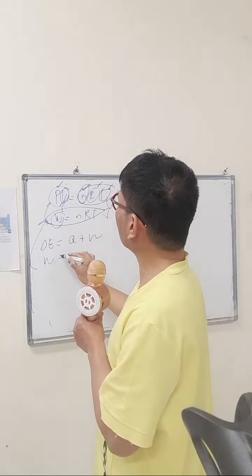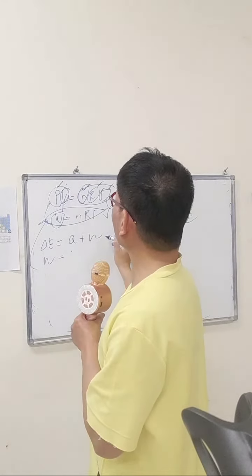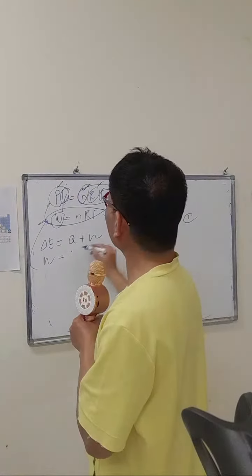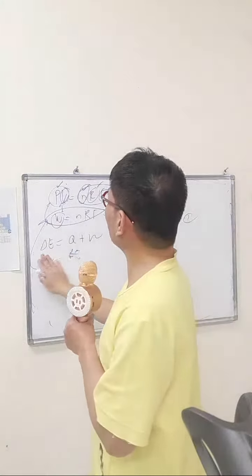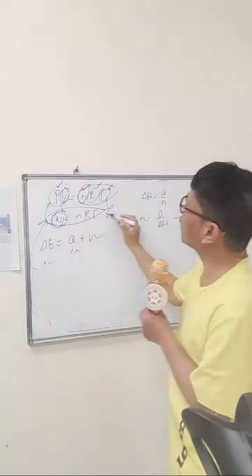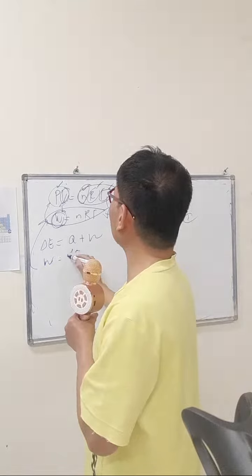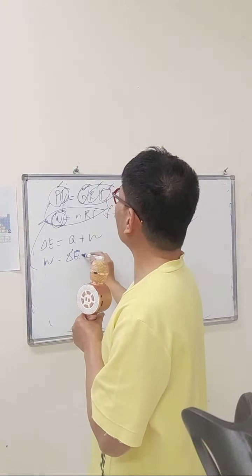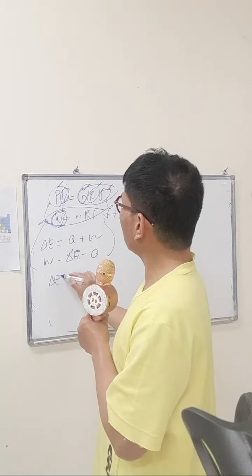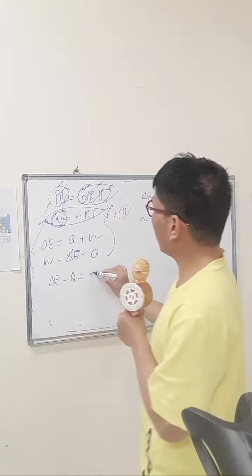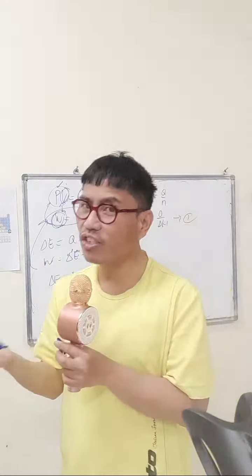So W is equal to, wait a while, transpose it. So the work, which is your equation for equation 11, is equal to the change in internal energy minus Q. Put that here. So the change in internal energy minus Q is equal to nRT. So this is your new derived equation.